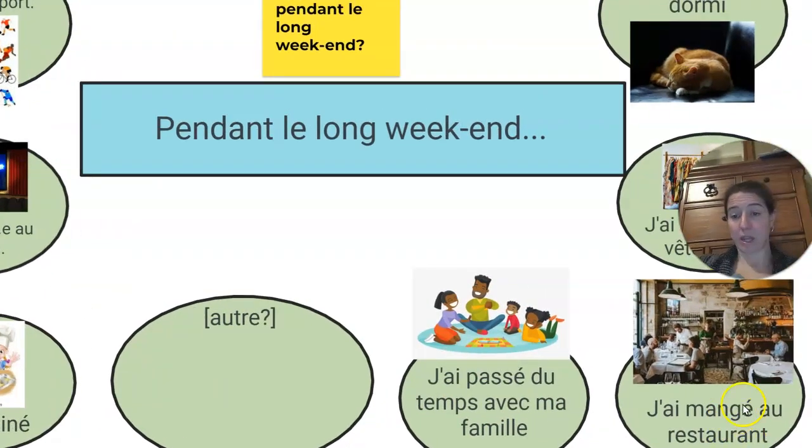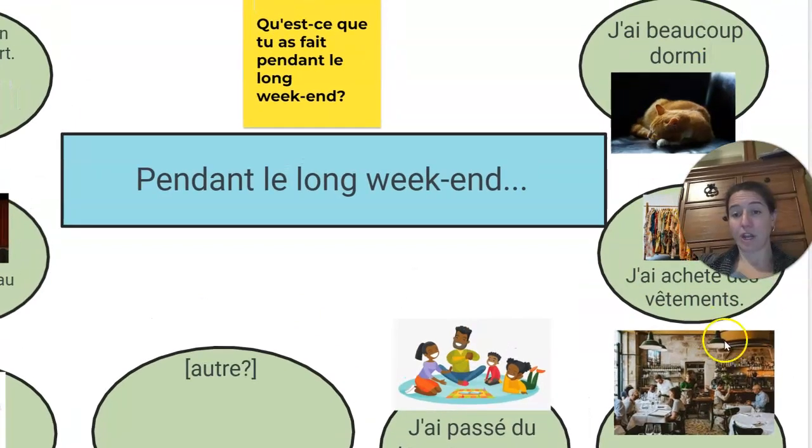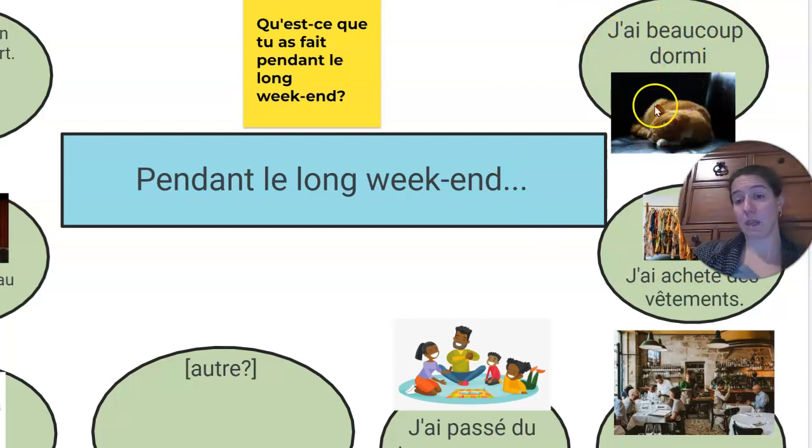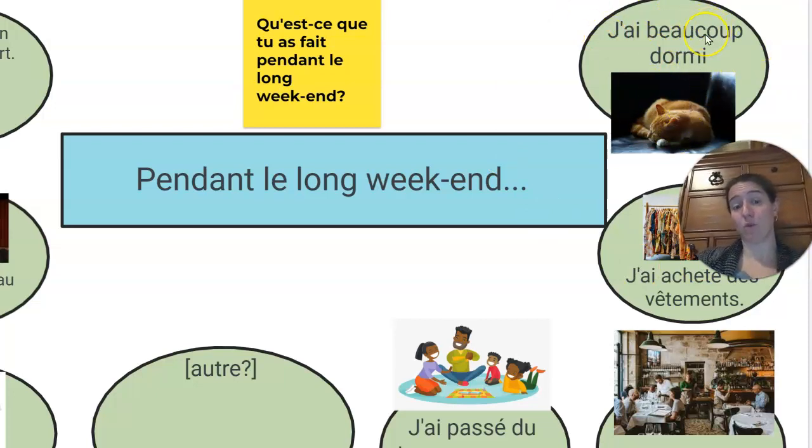J'ai mangé au restaurant. J'ai acheté des vêtements. Acheté, bought, des vêtements, clothes. Ou j'ai beaucoup dormi. Dormi, slept, et beaucoup, a lot. J'ai beaucoup dormi.